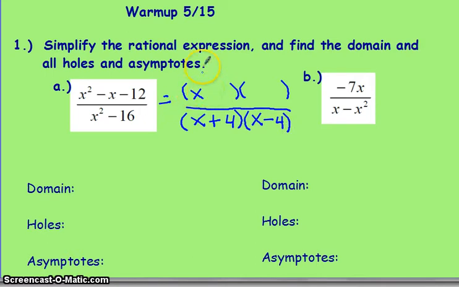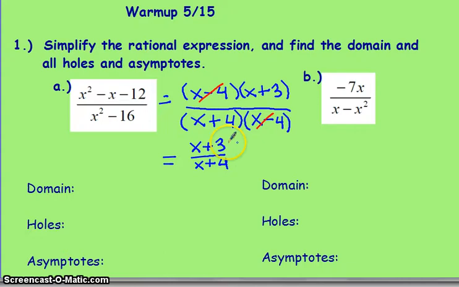And the one above is going to be x minus 4, x plus 3. I notice that I can cancel the common factor x minus 4, and that is going to leave me with the simplified rational expression x plus 3 over x plus 4.